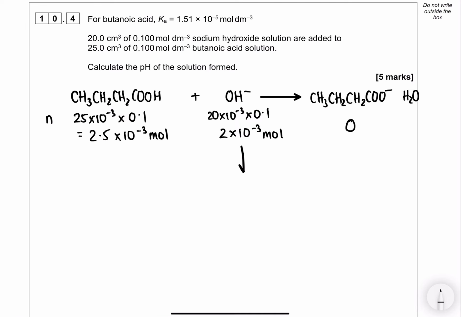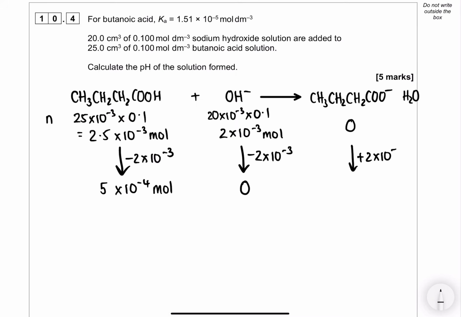Now we've used an excess of acid, so all of the sodium hydroxide gets used up and some of the butanoic acid gets used up. And so we're left with 5 times 10 to the minus 4 moles of butanoic acid. We've created 2 times 10 to the minus 3 moles of salt.